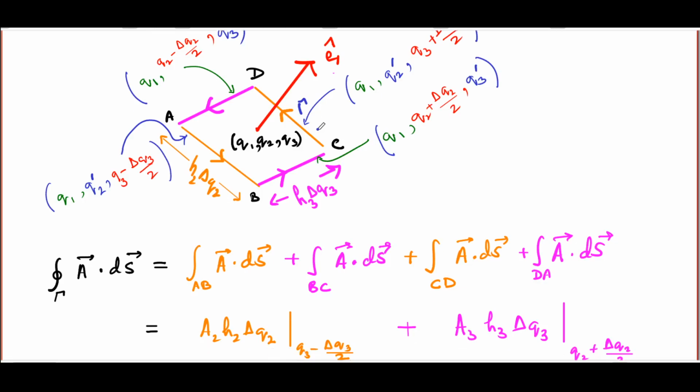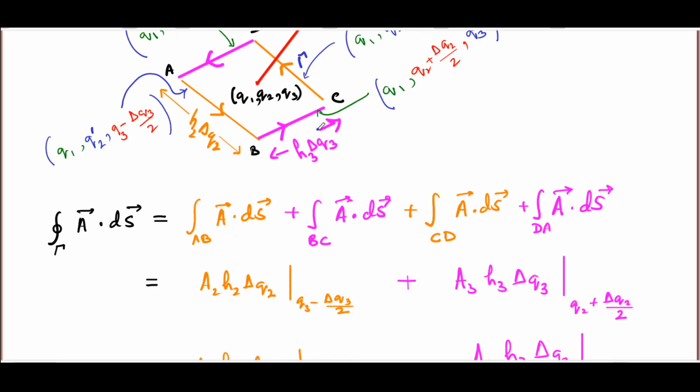So you get a minus sign. And exactly similarly, here you are going to get A3 times h3 delta q3 with a plus sign. Here, the motion is in the positive 3 direction. Here the motion is in the negative 3 direction. It's in the direction of decreasing q3. So you get a minus sign for that.